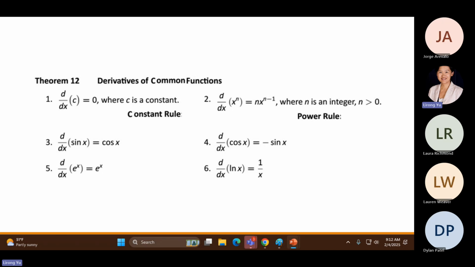It allows us to find the derivative for any power function, whatever the power is. Here the power is an integer, but later we're going to show that the power can be a fraction. The power can be a decimal, and the power can be a negative number.